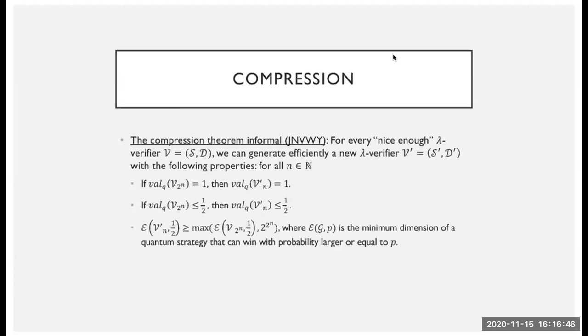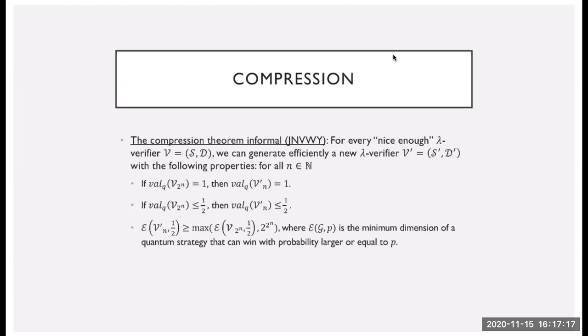If the value of the 2^n-th game of the original verifier is 1, then the quantum value of the new game at the n-th entry is also 1. So this is like a completeness result. It preserves the perfect value: if you can play the 2^n-th game perfectly, you can play the new n-th game perfectly.